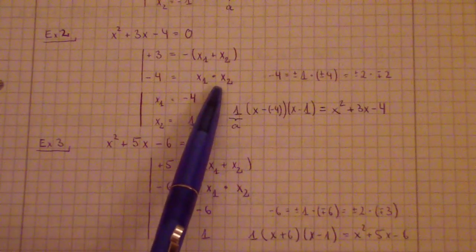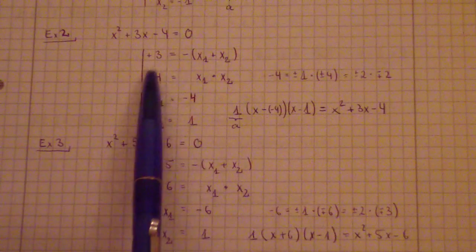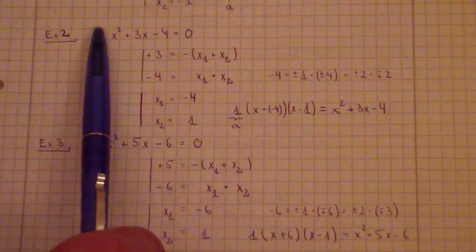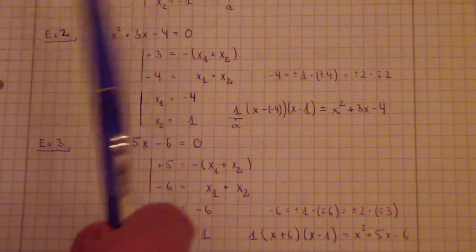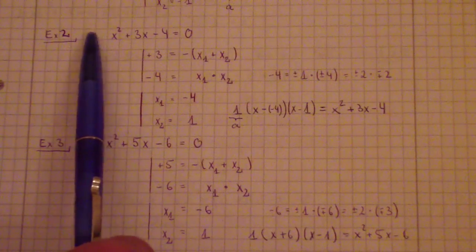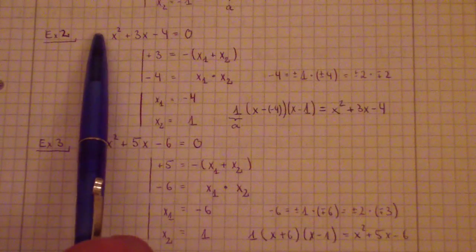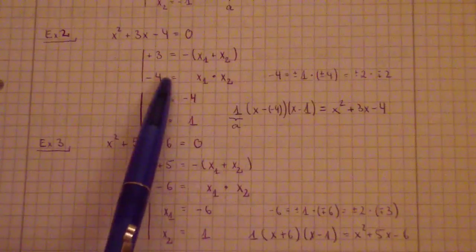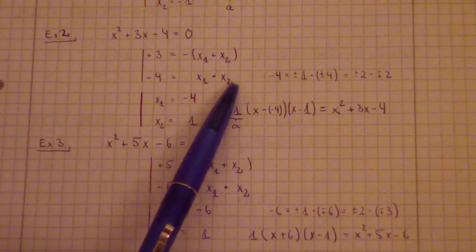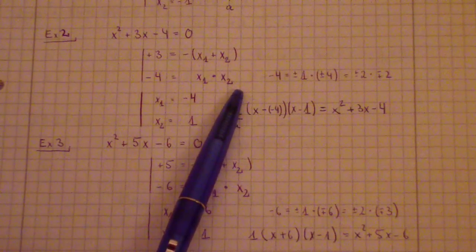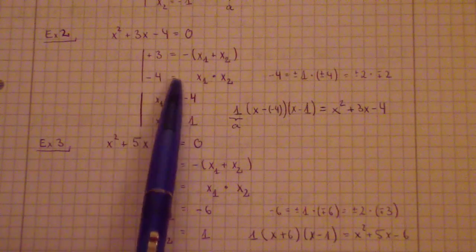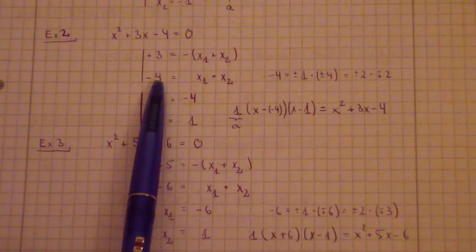Now what do we do? First of all, look at the product, the minus 4, your constant number, if it's already divided by a. Very important, you have to have a normalized quadratic equation with a 1 in front. If you have done this, the constant part has to be the product of both solutions. And if you assume that the solutions are integers, you can rewrite the -4 in some special ways.